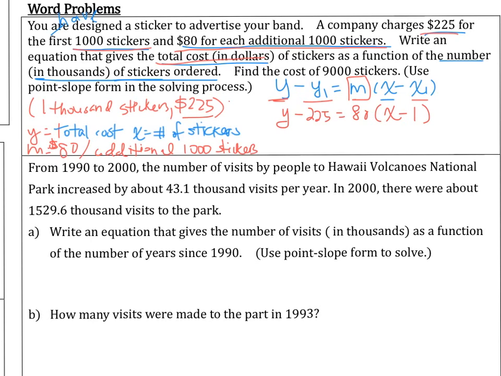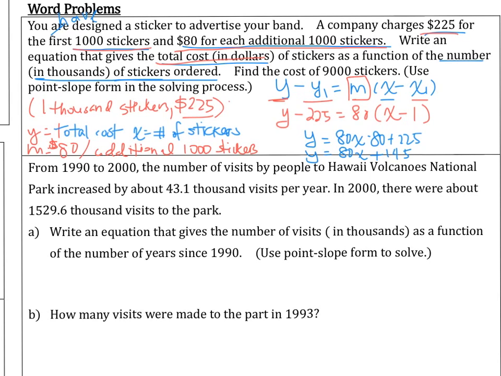Now we're going to continue to simplify this. Y would equal 80x minus 80 plus 225. So y would equal 80x plus 145.